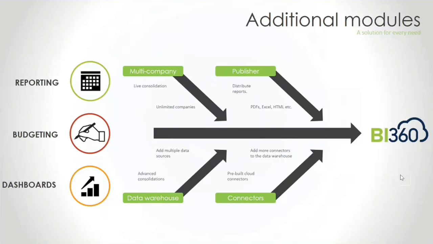That's quite powerful. Second of all, we have publishers, which I mentioned earlier when it came to the Easy Share. Publisher enables you to distribute reports by email as either a PDF, an Excel format or HTML. These can be scheduled and run on conditions.